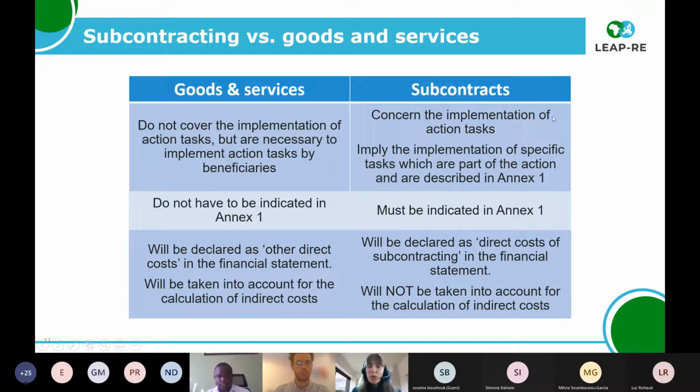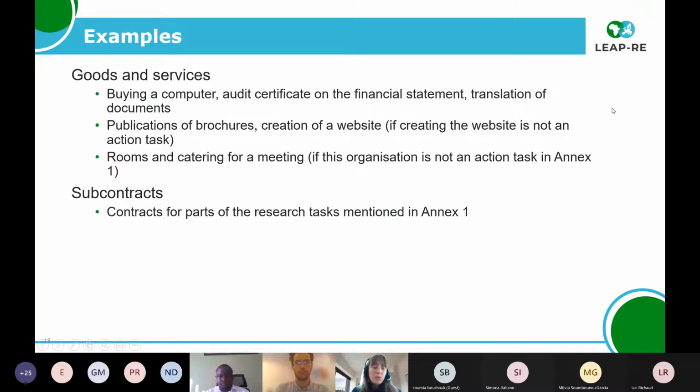Okay, if you're wondering whether what you will buy is subcontracting or just a simple service, I invite you to look at this table, where there are elements to compare between the two. A service, for example, is buying a computer, and a subcontract is, on the other hand, when you hire a company or an expert to carry out the activities that were attached to you in Annex 1 of the grant agreement.